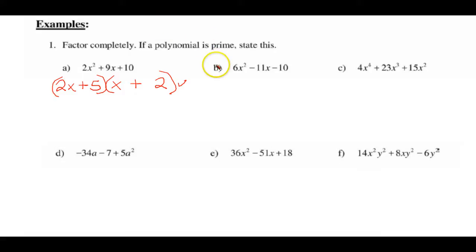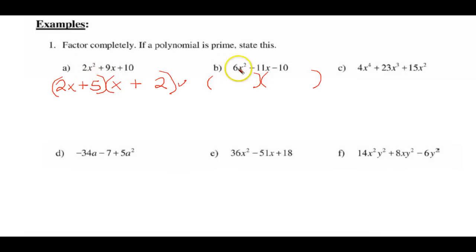Now in example B, again, are there any common factors? No. So we're going to have 2 sets of parentheses. Now here is the case where a was prime here and there was only the 1 set.